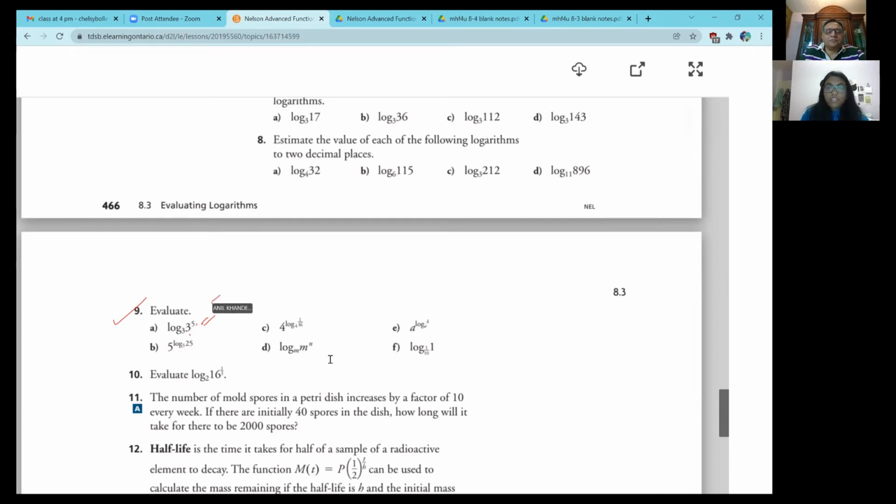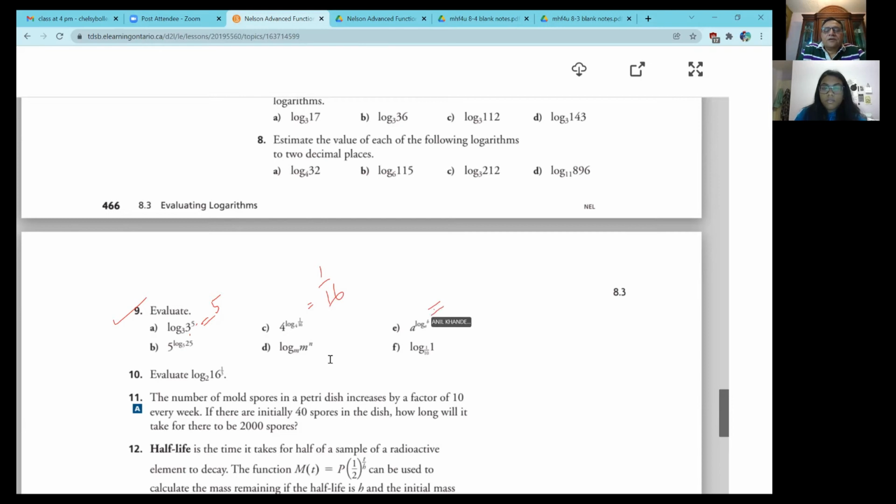Correct. Next one. 4 to the power of log to the base 4 of 1 over 16 is equal to what? One over 16. Perfect.